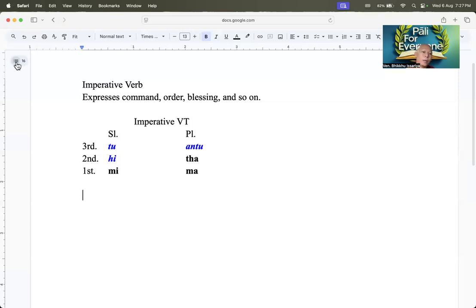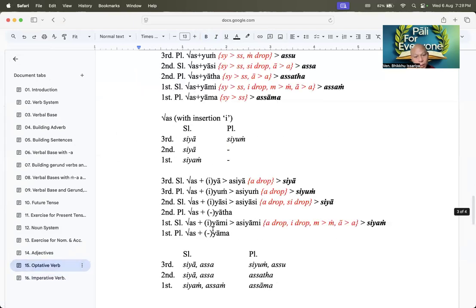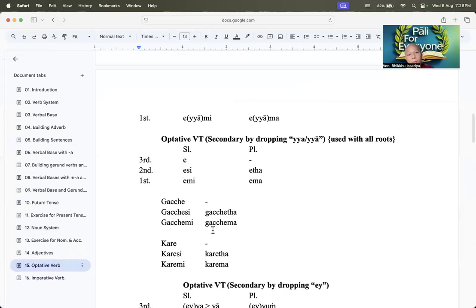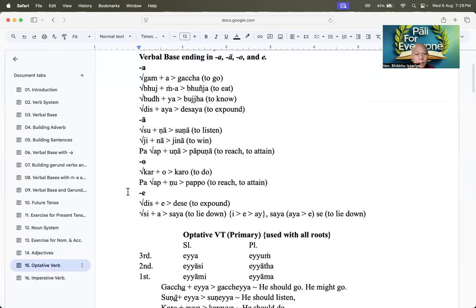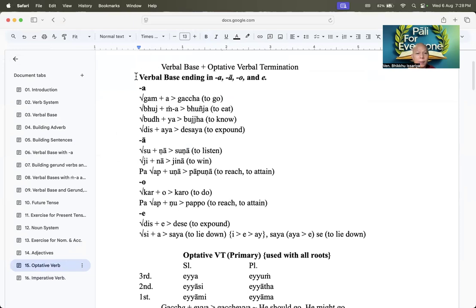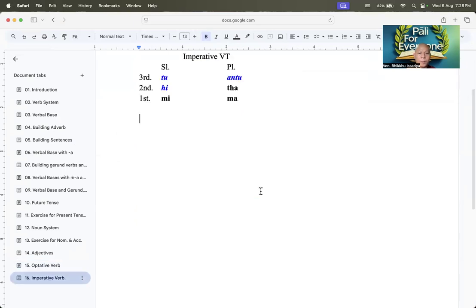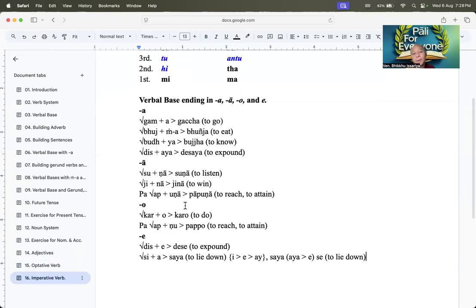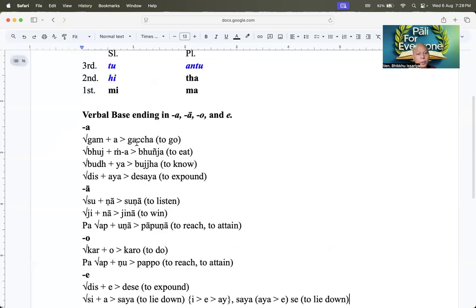With the lesson on the optative verb we have already seen the four kinds of bases. Those bases ending in the are like that. So now, using these four bases ending in the are, we can see how they change.